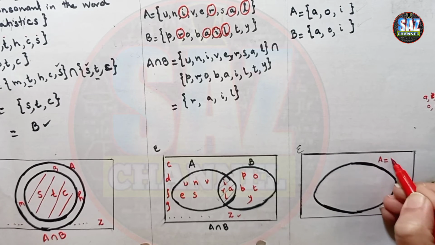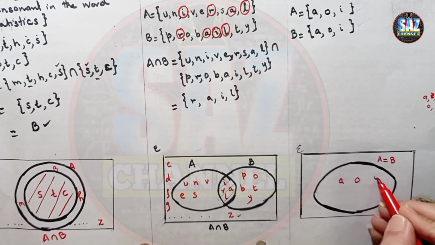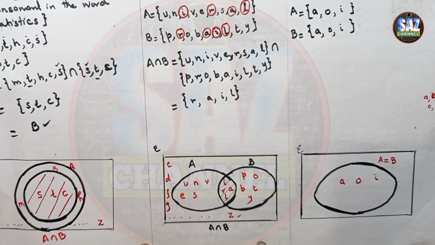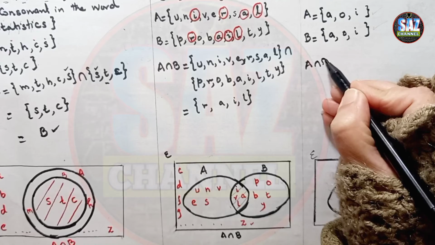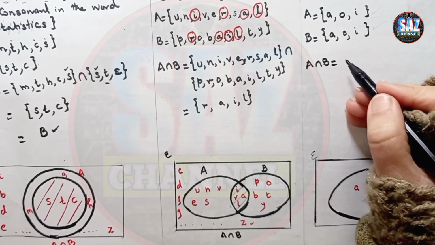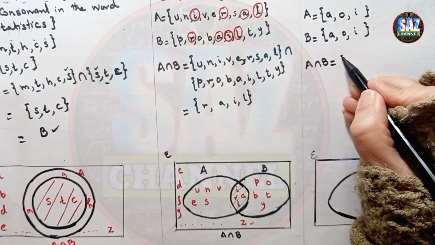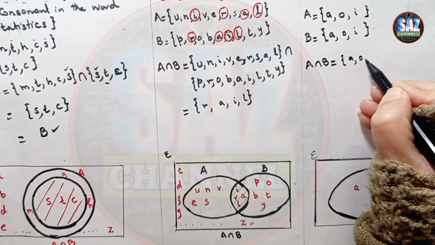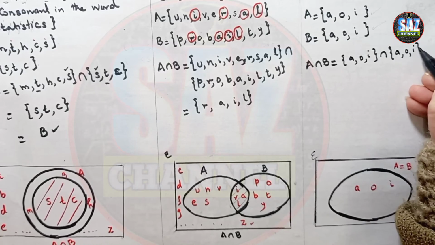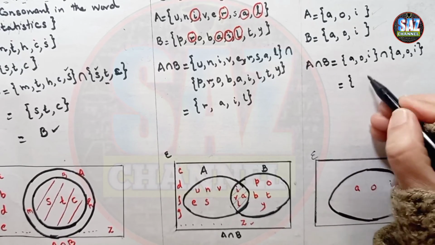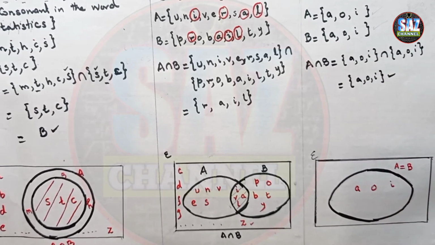Here we have to write A equals B, and the elements are A, O, and I. When I take the intersection, as intersection means the common elements only, A intersection B will be equal to either set A or set B, because both the sets are the same: A, O, I. So when the two sets are equal, their intersection will be equal to the set itself. I hope you are clear about this situation.